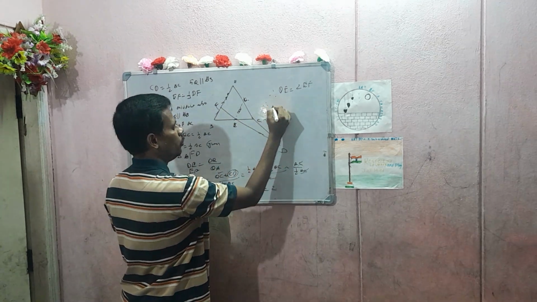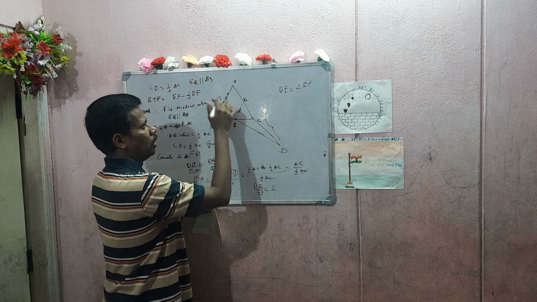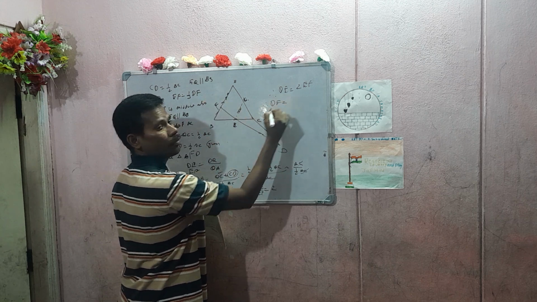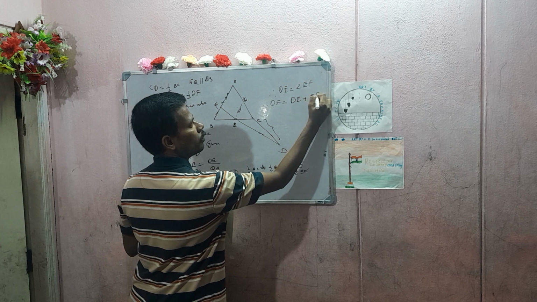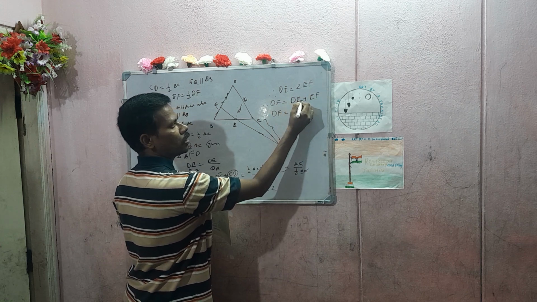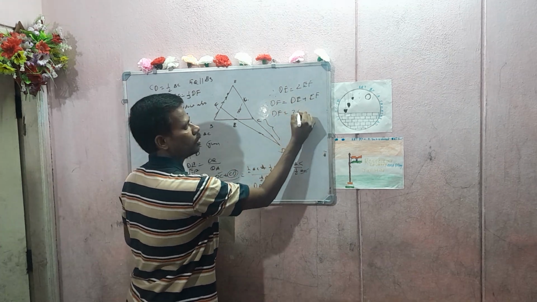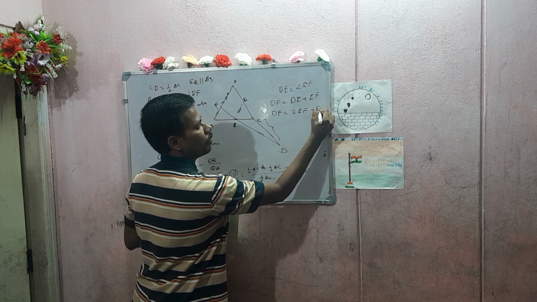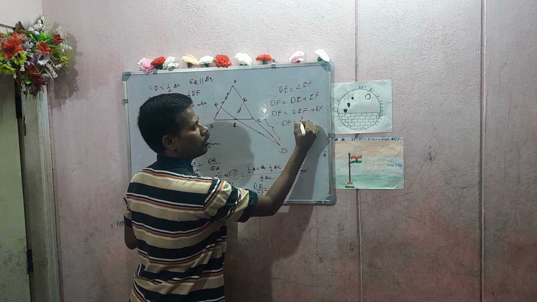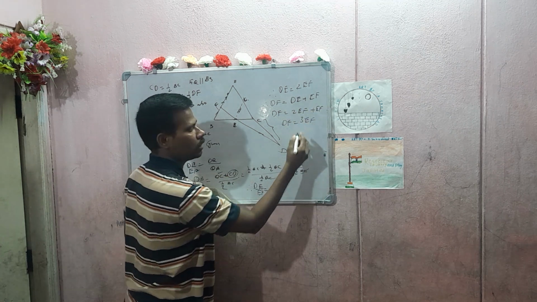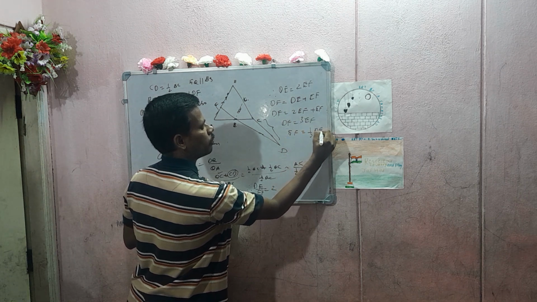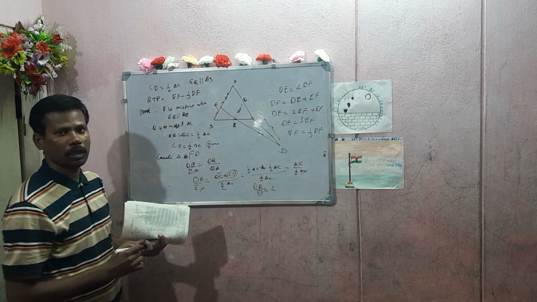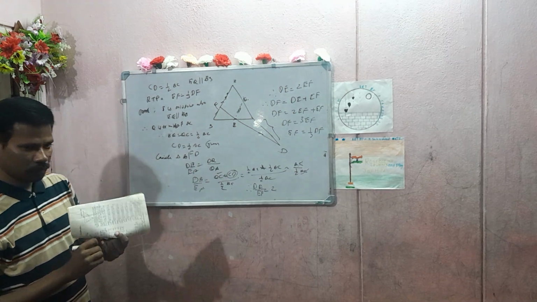Now, DF is equal to DE plus EF, which is 2 times EF plus EF. DF is equal to 3 times EF. So EF is equal to 1/3 DF. That is the theorem.